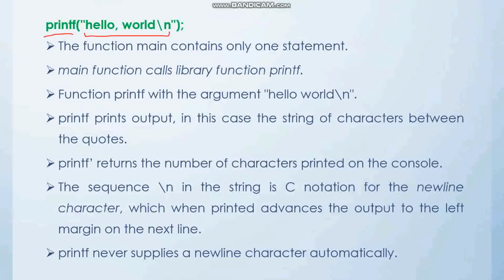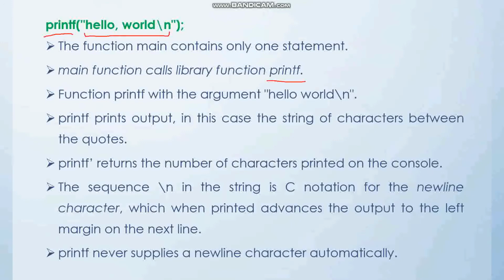Now the function main contains only one statement in this example. It doesn't mean that the main function can contain only one statement. In this example, the function main contains only one statement, but there may be a number of statements in the main function. The main function calls the library function printf.